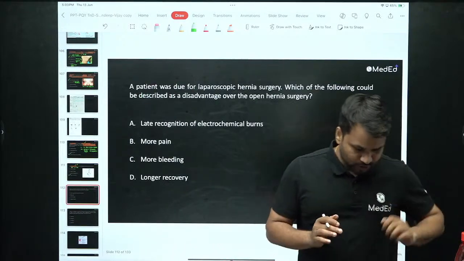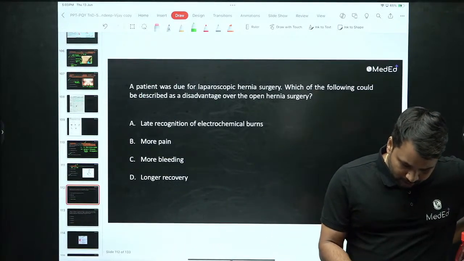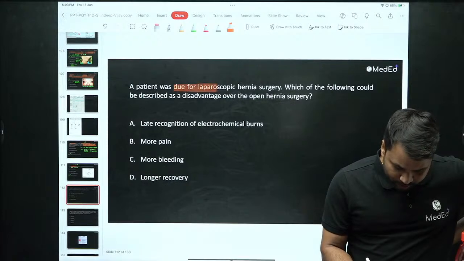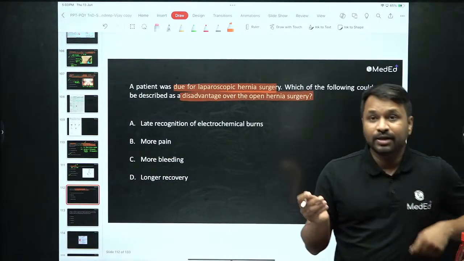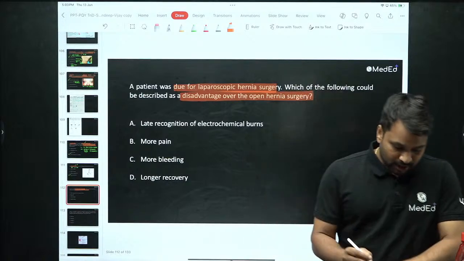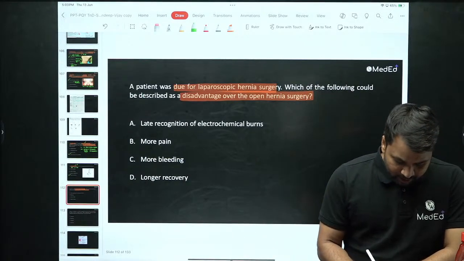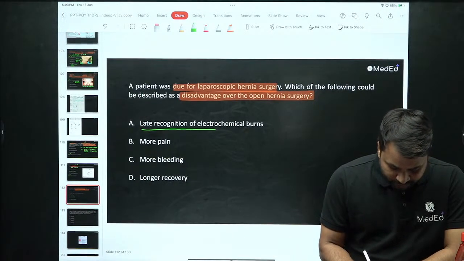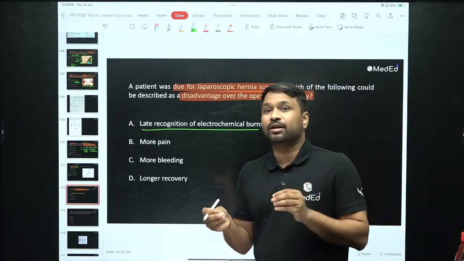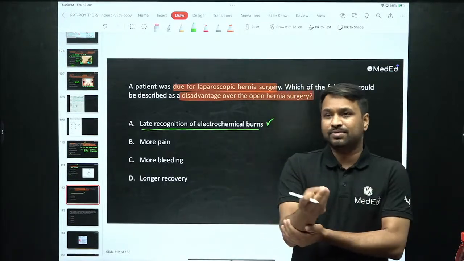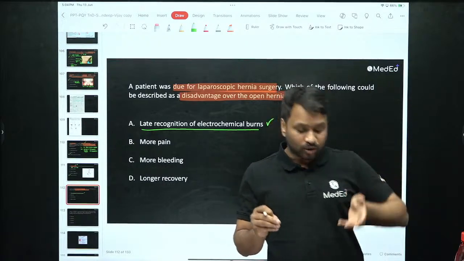ठीक है, अच्छा. Okay, so I have a patient due to a laparoscopic hernia surgery. Which of the following could be described as a disadvantage over the open hernia repair? Late recognition of electrochemical burns. Yes, it is true. In an open hernia repair, you can identify it on the same site. In laparoscopic, it will present at a later part.